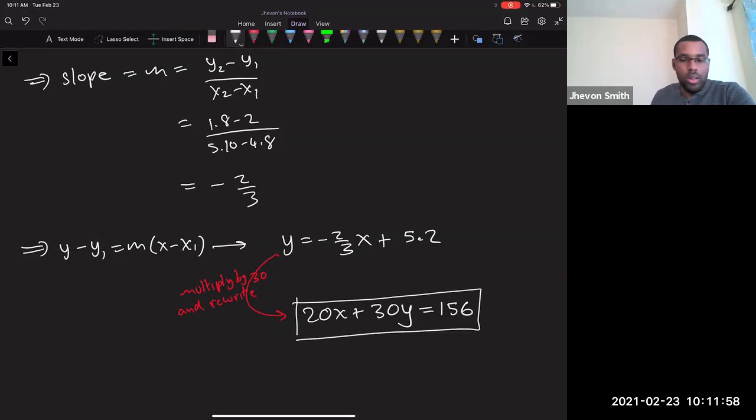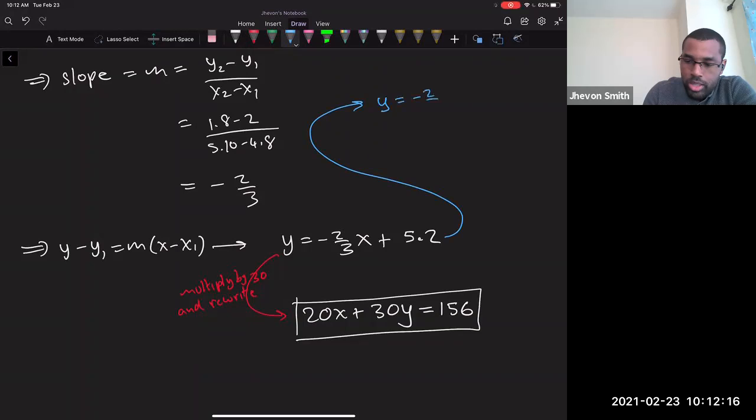Okay. Why are you multiplying by 30, Professor? To write it in a nicer form. I want to write it such that I have all integers, so I don't have any fractions or decimals. And so what you realize is that this here is like y is equal to minus 2 over 3x plus 52 over 10. Because remember, one decimal place just means divide by 10. So the LCD is 30.